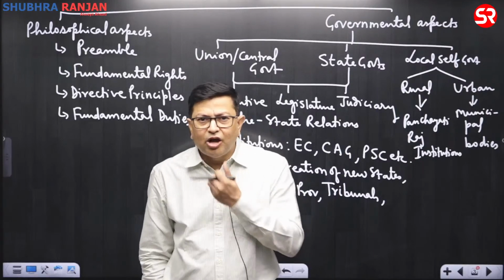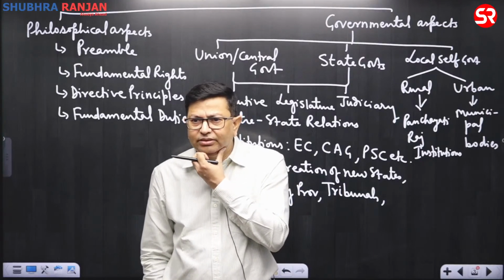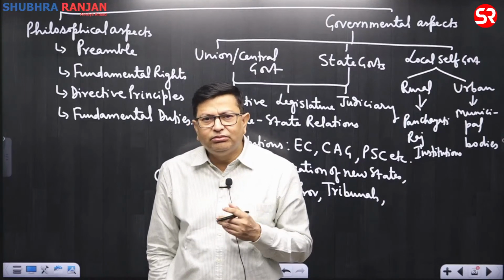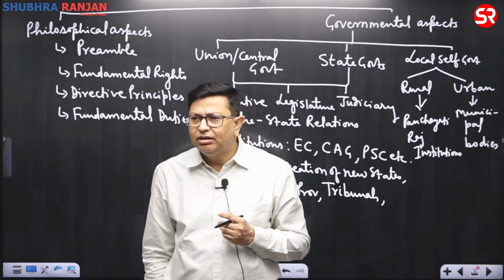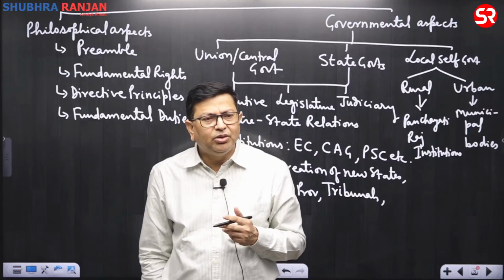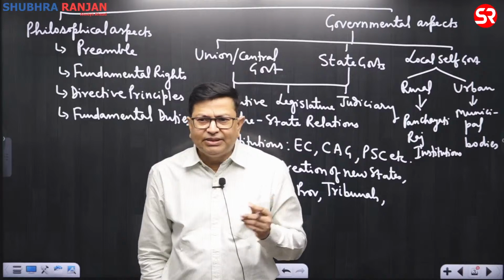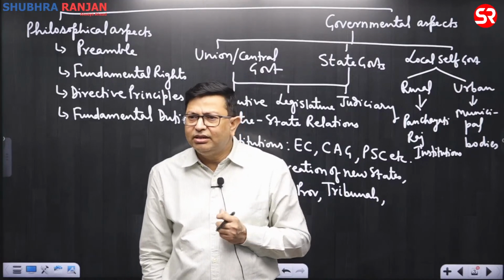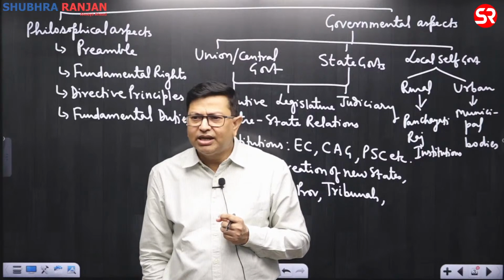Okay. How many of you are from Andhra Pradesh? 1, 2, 3, 4. Okay. How many of you are from Bihar? None of you. Okay. Madhya Pradesh? 2 of you. Okay. Chhattisgarh? Maharashtra?